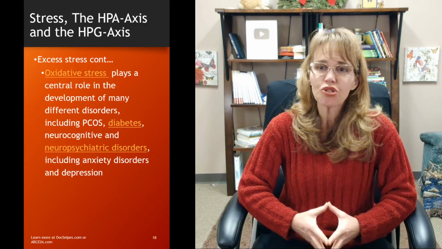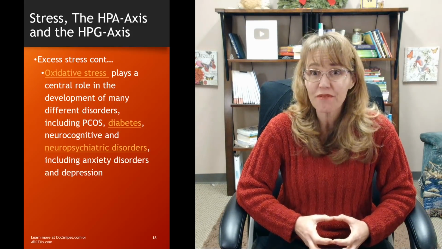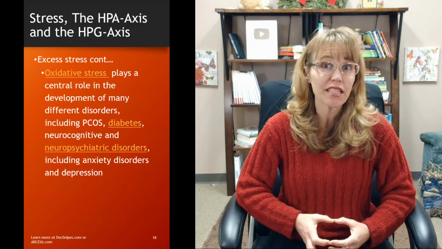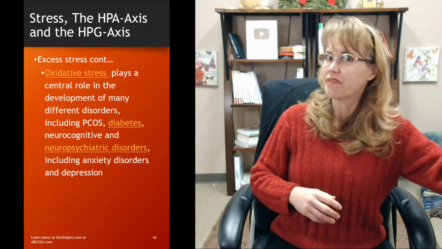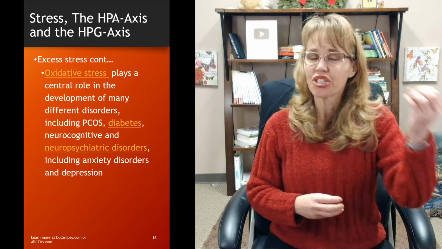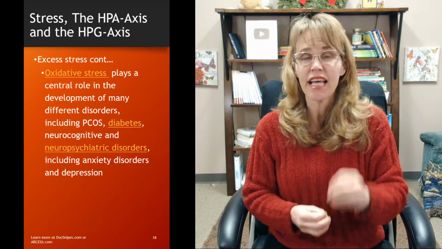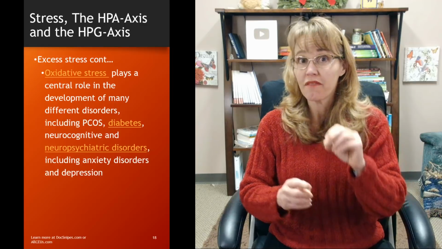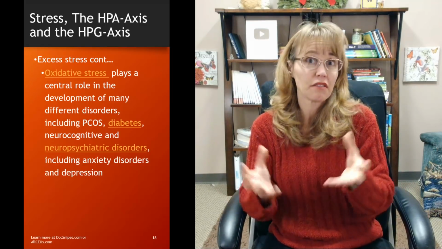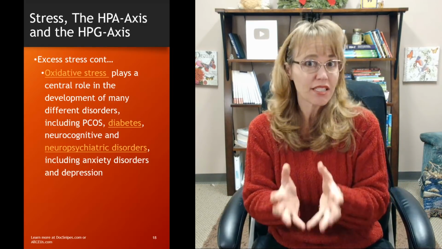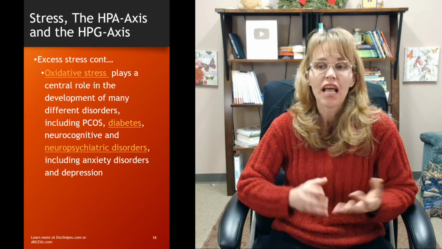Oxidative stress plays a central role in the development of many different disorders, including polycystic ovarian syndrome. So we've got stress again that actually is directly implicated in the development of a gonadal-based dysfunction, polycystic ovarian syndrome.